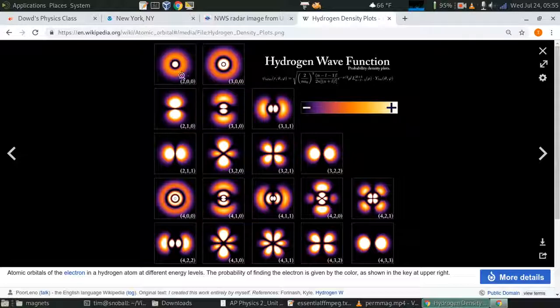We can see that some of these orbitals have a spherical distribution, others have a very non-spherical distribution. This is all stuff you'll look at later in a chemistry class. But we use this idea of rings in earlier classes because it helps us understand what's happening with potential energy. So we'll stick with that notation.